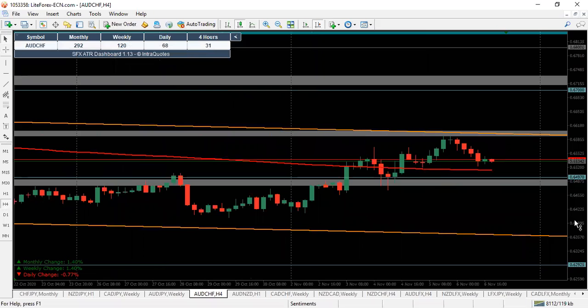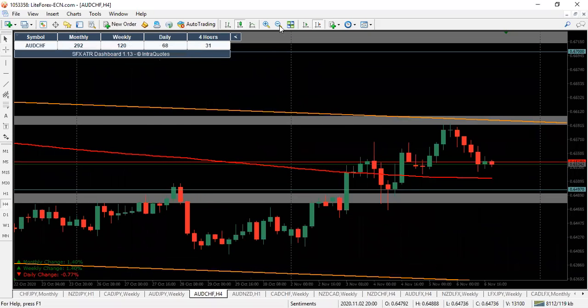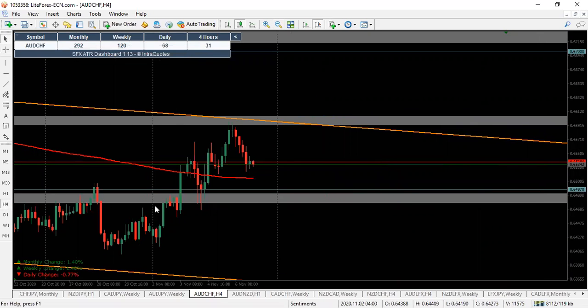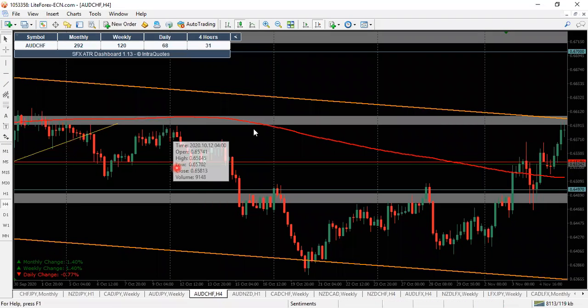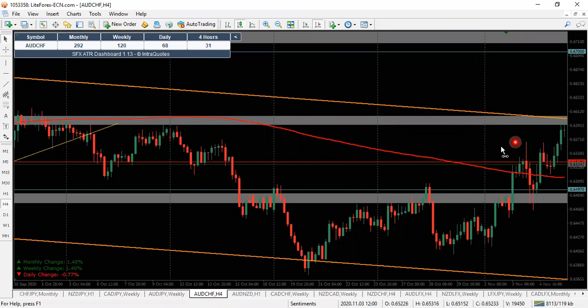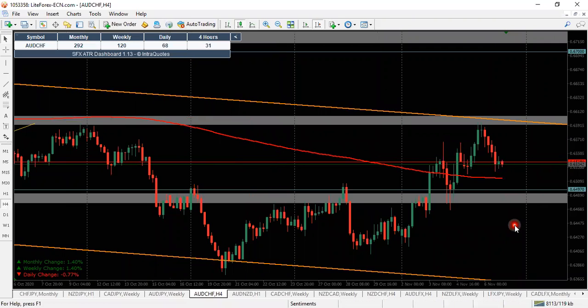From this separator to this point gives me one week, here to here is one week, and so on.